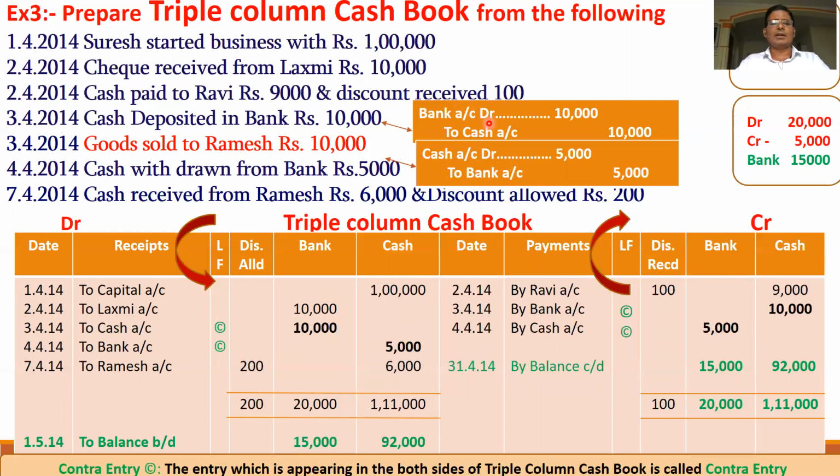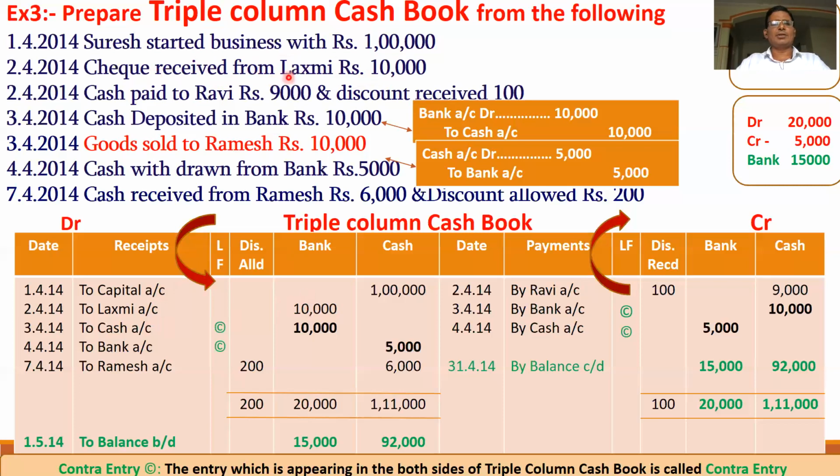The same problem I have taken and worked out. You see here, Suresh started a business with 1 lakh, that is cash coming in, so 1 lakh is debited in the cash column. This is a receipt. Check received from Lakshmi is also a receipt, but directly in bank.